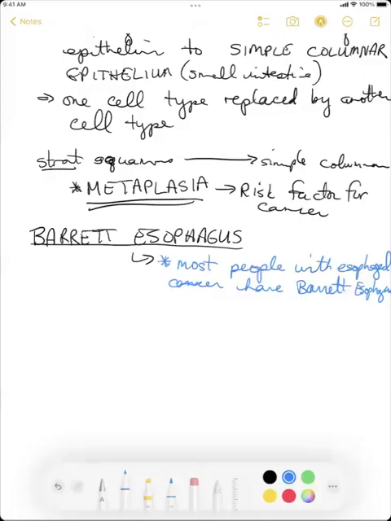But this is the second important point. But many people with Barrett esophagus never develop esophageal cancer.